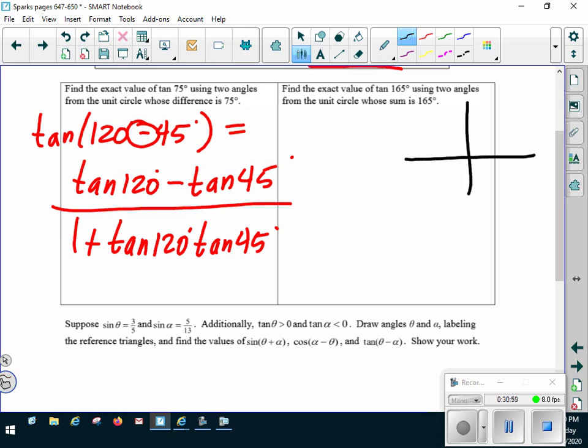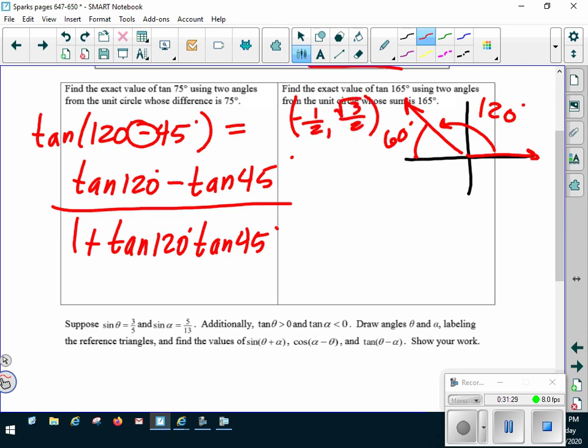What's the tangent of 45 degrees? 1. Good. Tangent of 120 degrees. What are the coordinates right there on the unit circle for 60 degrees? This is not drawn to scale at all. There you go. So what's the tangent of that angle?